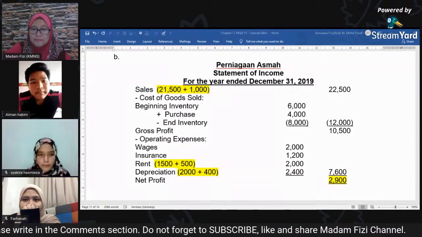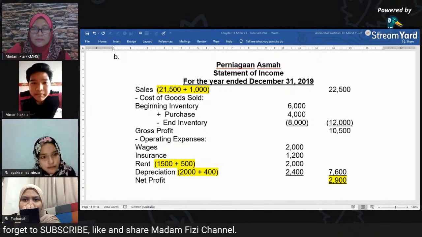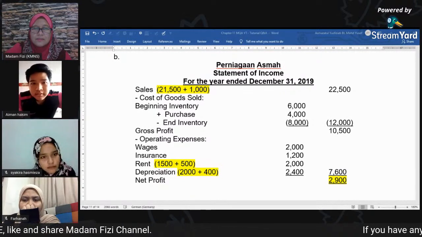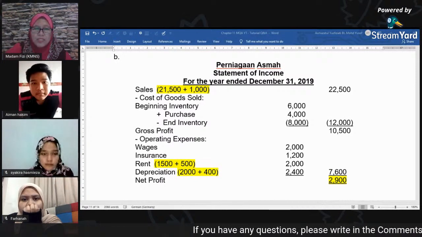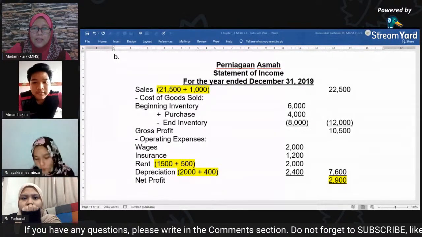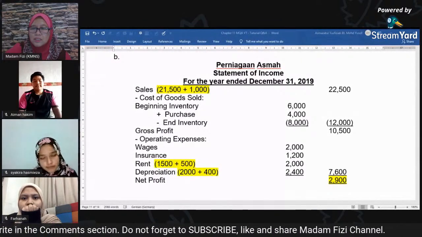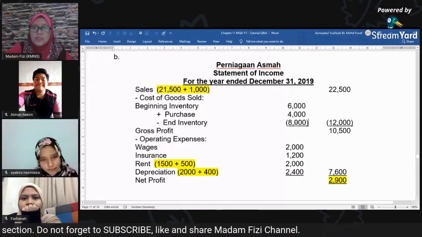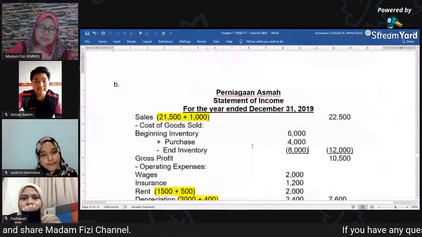Madam, saya nak tanya, madam dapat purchase 4,000 tu daripada mana? Purchase? Oh, bukan 4,000, 14 kan tadi? Betul tak? Ya, that's why 14,000. Lah, saya tengok jawapan dia tak betul. Okay, just now kita dapat purchase is 14,000 here.